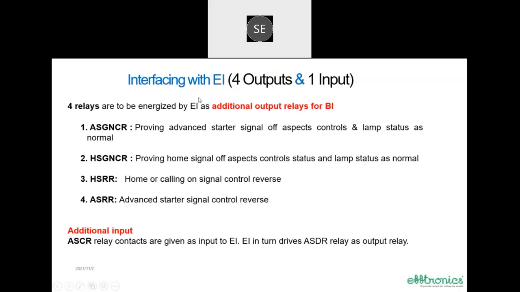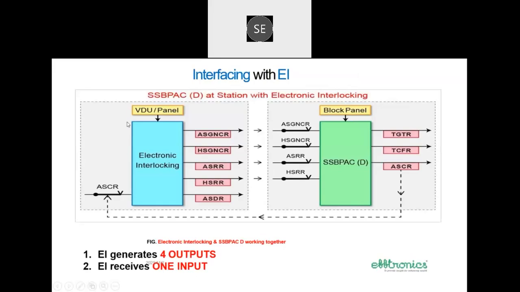For electronic interlocking, the EI has to energize 4 relays as additional output relays as input to the block instrument.